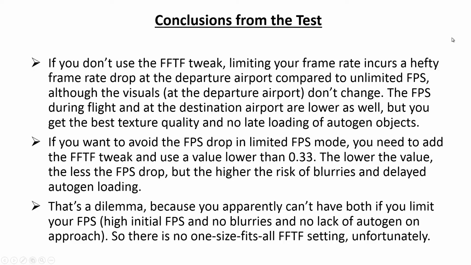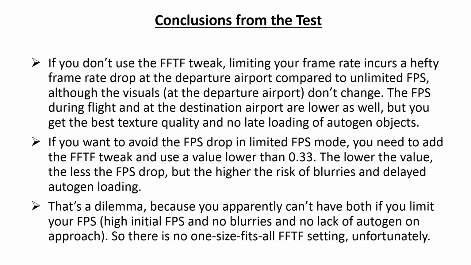At the end, you might want to know what to conclude from the findings. If you don't use the frame rate limiter, if you run the simulator at unlimited frames, there is not much to worry about. But if you do use the frame rate limiter, you've seen that doing that without the fiber frame time fraction tweak will make your frame rate suffer tremendously, depending on the situation and whether the achieved frame rate is higher or lower than the limit set in the menu.